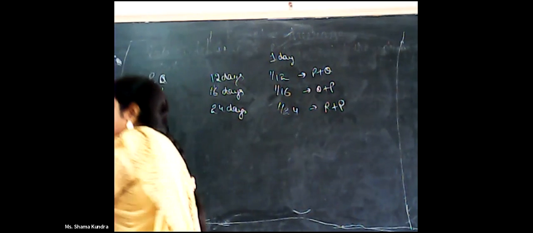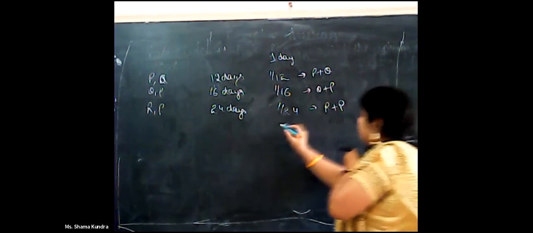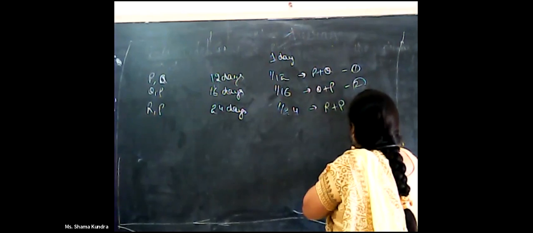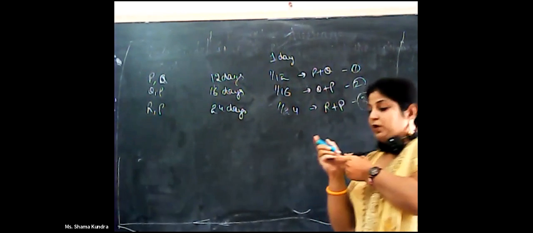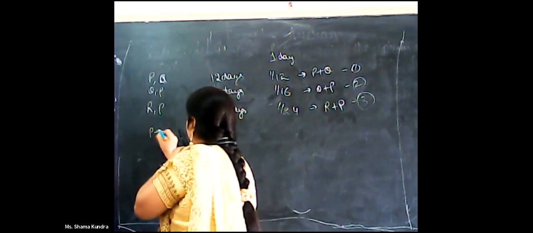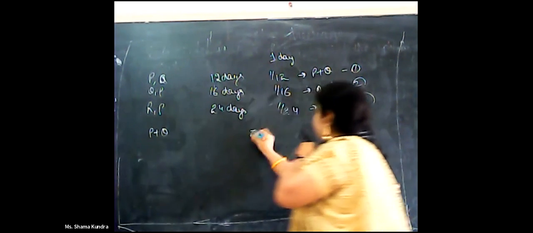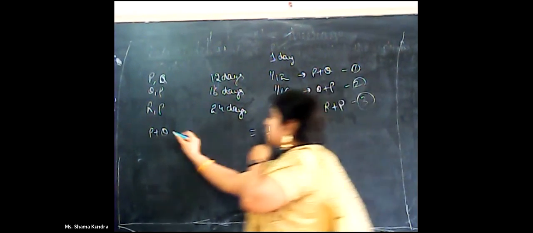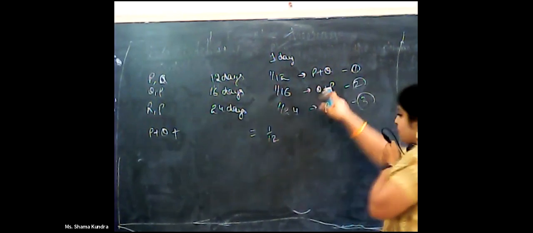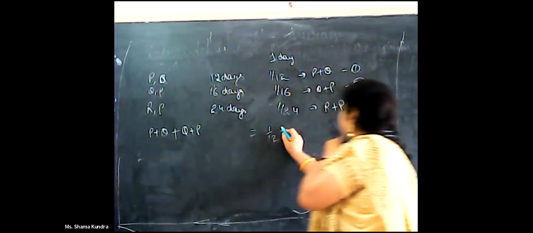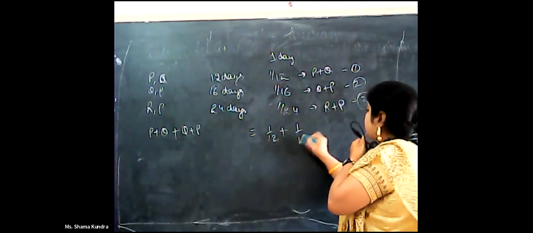Now on adding all these, what you will get? Suppose say this is first, this is second, and this is third equation. On adding you will get P plus Q, right? It's this side. Next term in next equation, Q plus R. Right, it's next 1 by 16.